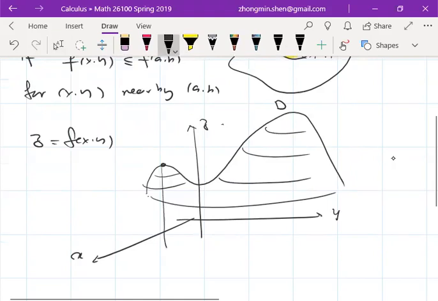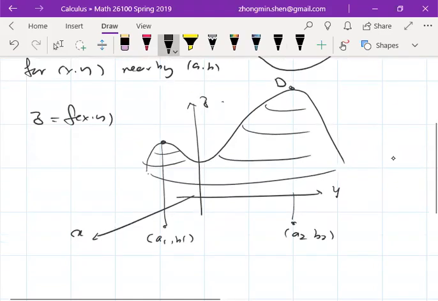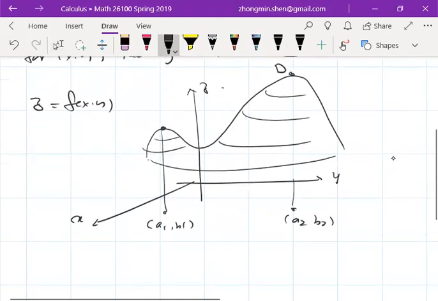So here's a point (a1,b1), and this is another point (a2,b2) above, right? So clearly z1 equals f(a1,b1) is a local maximum value.